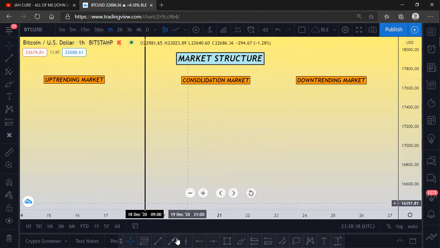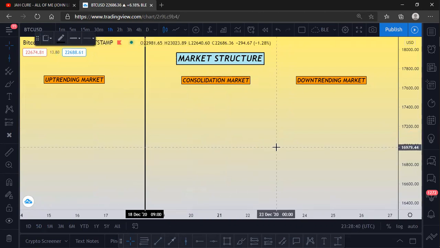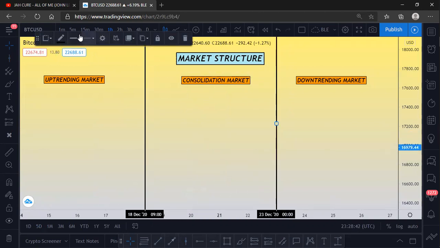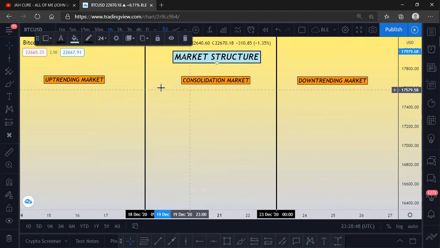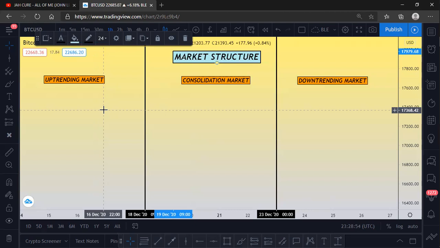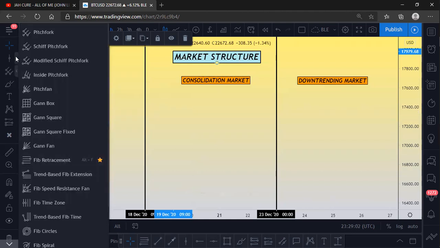But if the market is consolidating, what do you see that makes you know that this market is consolidating? It's neither going up nor down. Yes, it's in between, trapped between two particular prices, above and below. The market is just going up and down, right? Yes.